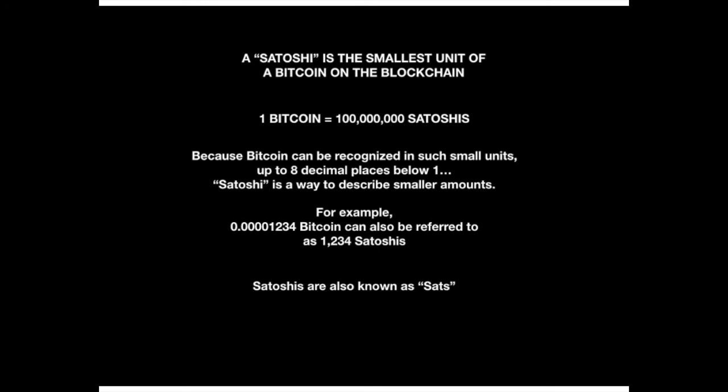Because Bitcoin can be recognized in such small units, up to 8 decimal places below 1, Satoshi is a way to describe smaller amounts. For example, 0.00001234 Bitcoin can also be referred to as 1,234 Satoshis. Satoshis are also known as sats.